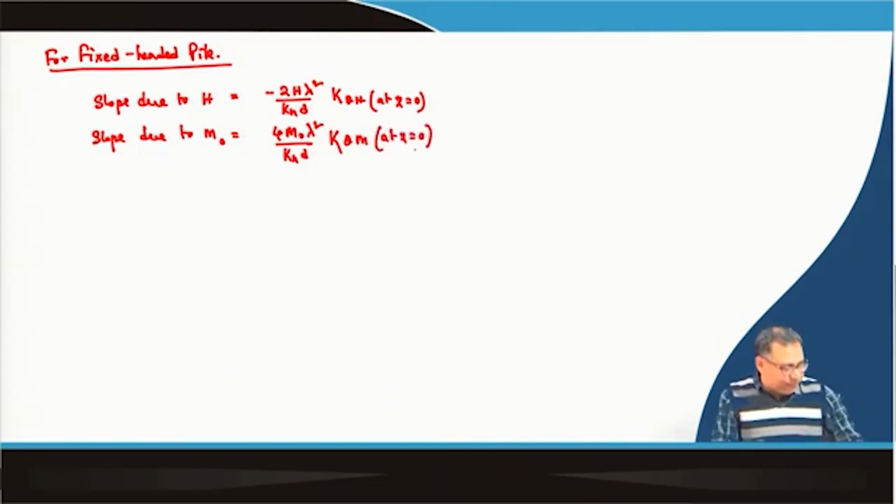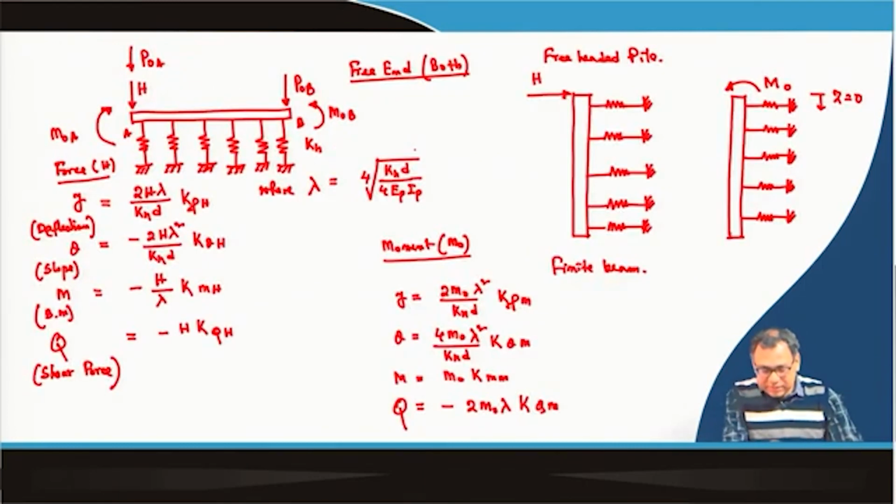We will equate them, and we will not consider the sign, because these equations are given for a particular loading and moment direction. That means the load is acting in this direction and the moment is acting in the anti-clockwise direction. Under these conditions these equations are given.